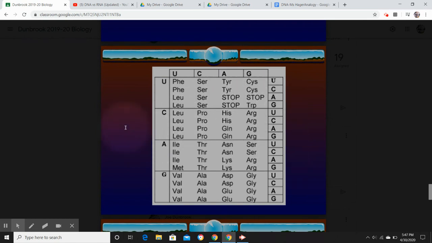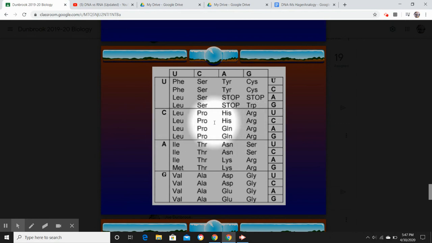CAC. First letter C. That tells me I'm somewhere in this big box right here. Second letter is A. So I'm somewhere in this column of this box. So now these are my 4 choices. So if I had CAG, the letter C tells me I'm in this big box right here in this row.